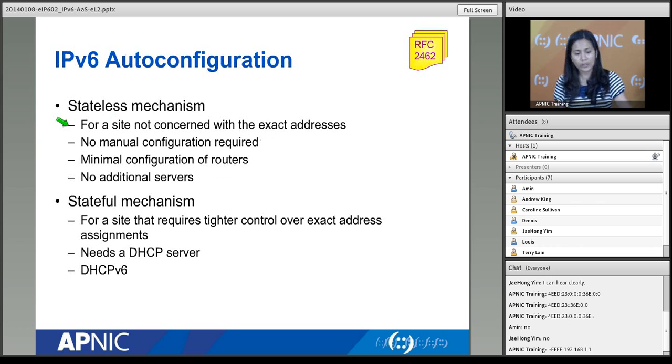Now let's have a look at auto configuration. Now that you already have an IPv6 address, maybe you've assigned it to your interfaces, and you understand how that works, the next question is: how do hosts find each other in an IPv6 network? How do you do that in IPv4?